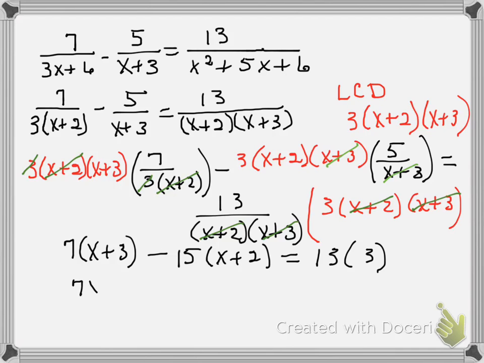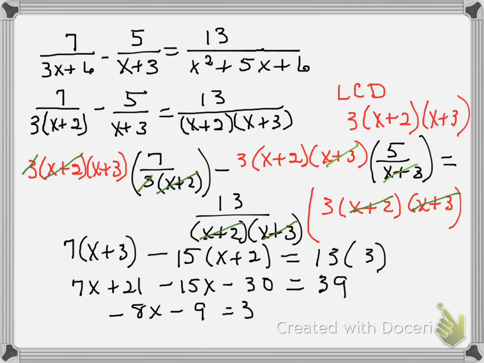You'll have 7x plus 21 minus 15 times x, and then minus 15 times 2 is minus 30, equals 13 times 3, 39. Combine your constants and your variables on the left, and negative 15 and plus 7 is negative 8x, and then plus 21 and minus 30 would be minus 9, equals 39.